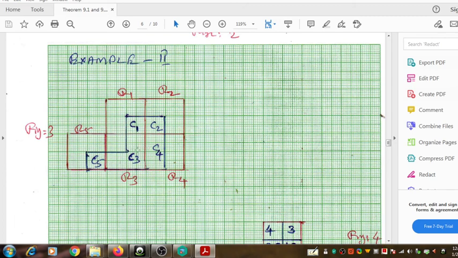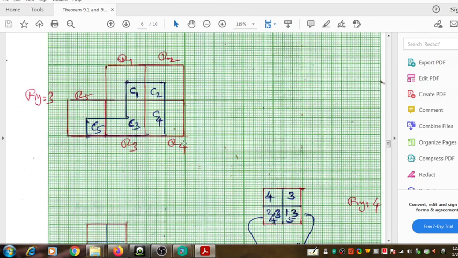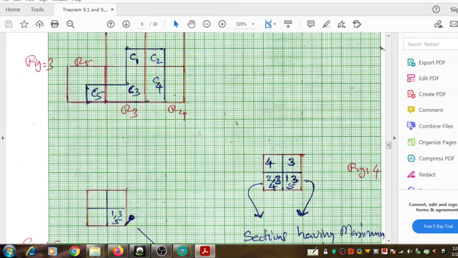After seeing that n equals 2, according to the statement of the theorem and the lemma, how many intersections must there be? In R there must exist at least one point having n plus 1 intersections.